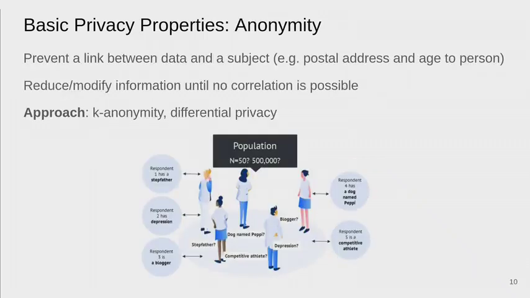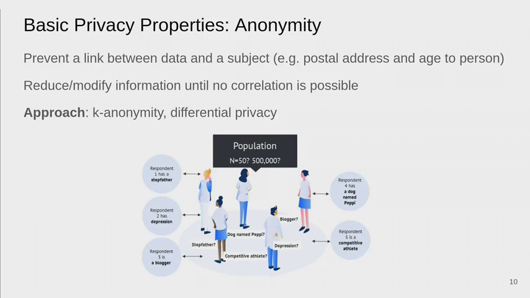Another basic privacy property would be anonymity. And here, the goal would be to prevent a link between the data and the subject, as in the postal address and the age to a person. And there have been interesting studies that, thanks to a lot of secondary information, you can actually leak a lot of personal detail about an individual.